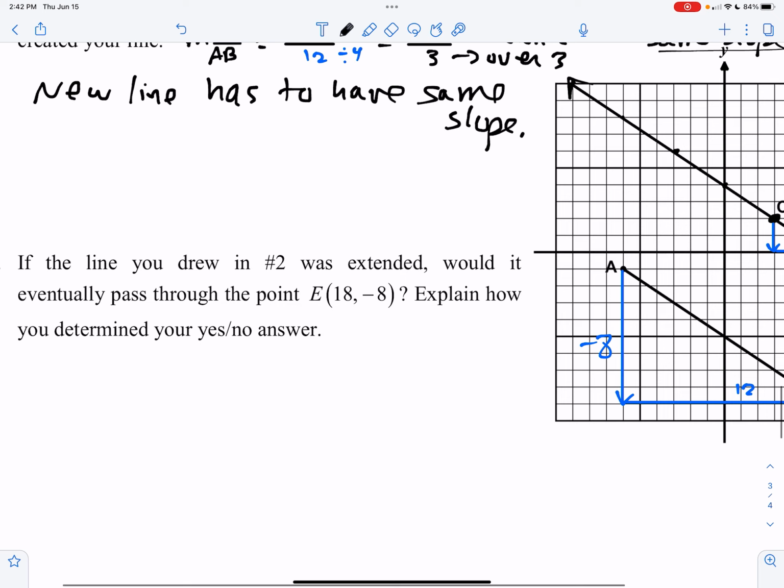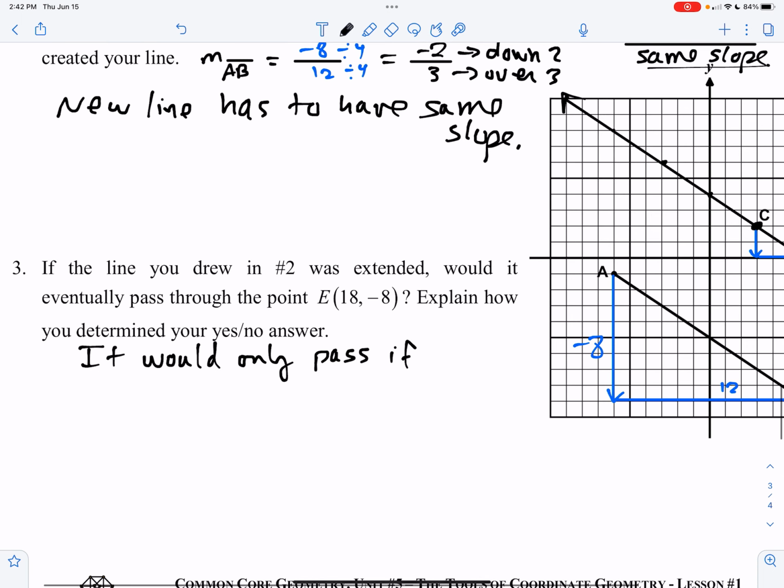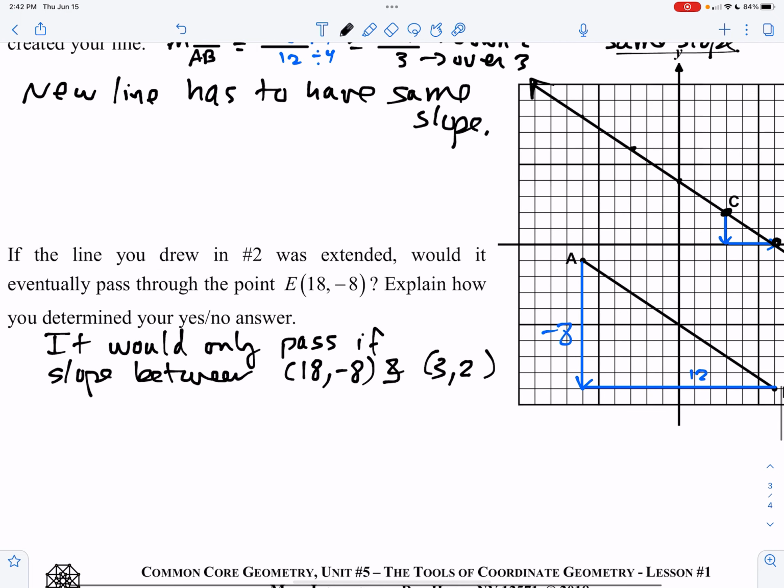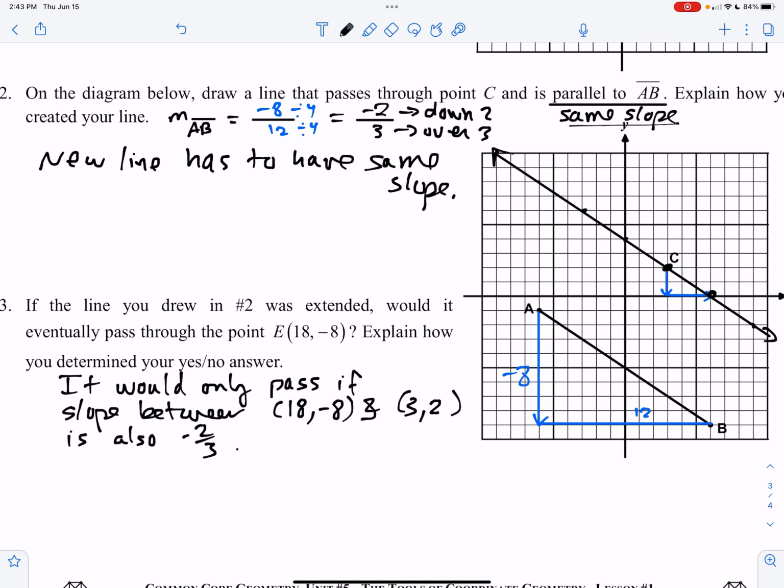Well, it would only pass if the slope between 18 and negative 8, that's point E, and point C, which you can see is 3, 2, is also negative 2/3. So if I get the exact same slope through that, then I know the line will extend through.